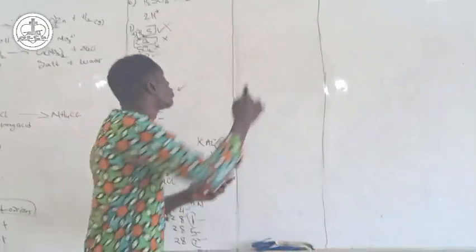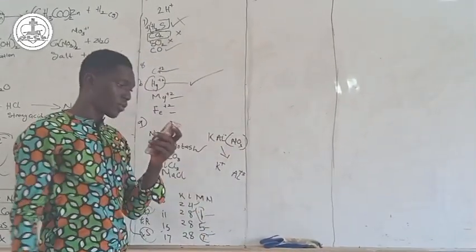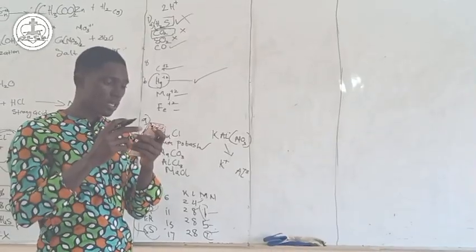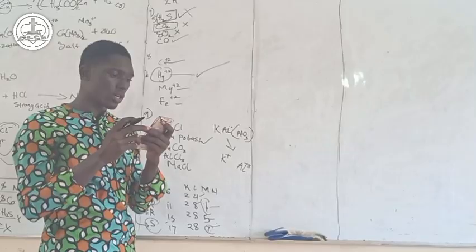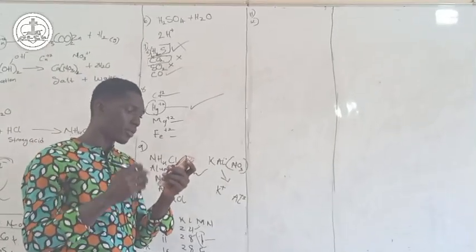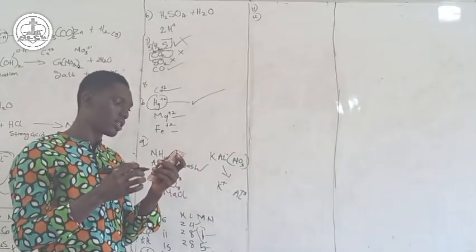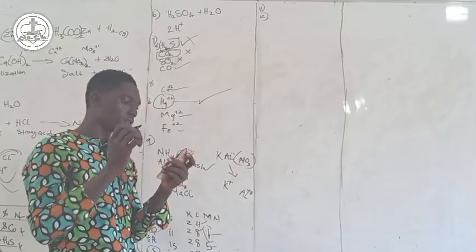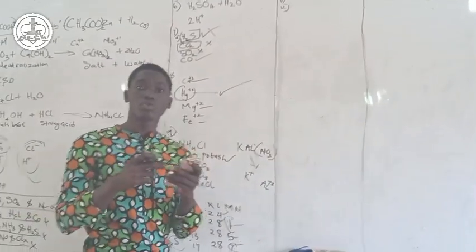Now going to question 12. Question 12 says one of these atomic shells is the most stable. We have A, M, B, N, C, K, D, L, and E, O. The most stable is the one close to the nucleus.